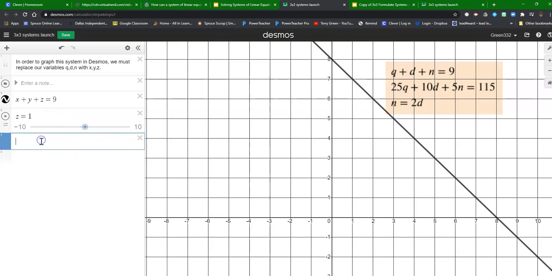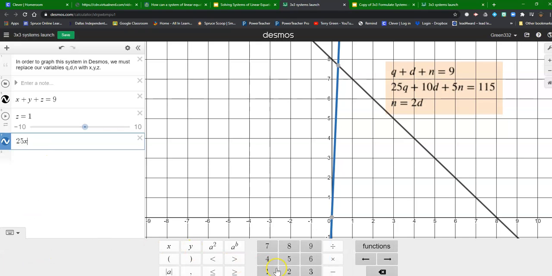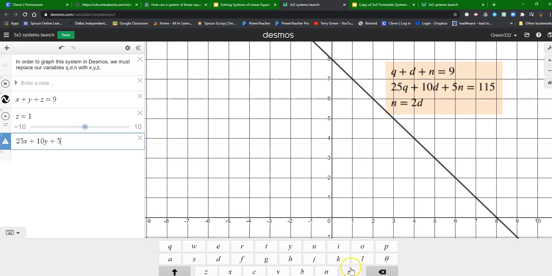I need 25x, and I can also use this keyboard down here, that makes things visual, plus 10y plus 5z. I need to go down here to get a z.